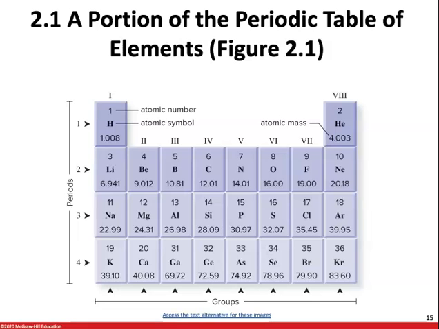All of the atoms in group 8 of the periodic table have 8 electrons in their valence shell. So, will this group be reactive or stable? They're going to be really stable. They have a completely full outer shell. They don't want to react with anybody else.